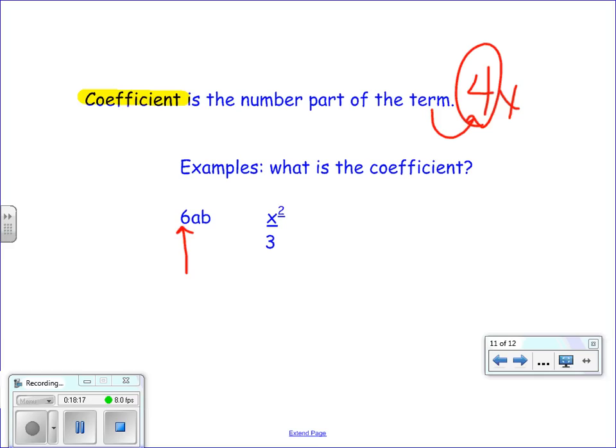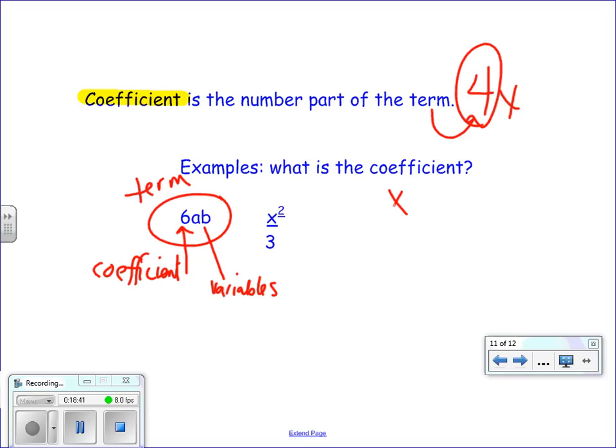It is 6. All right, a and b are the variables. 6 is the coefficient. The whole thing is called a term. That's the coefficient. And these two guys are the variables.